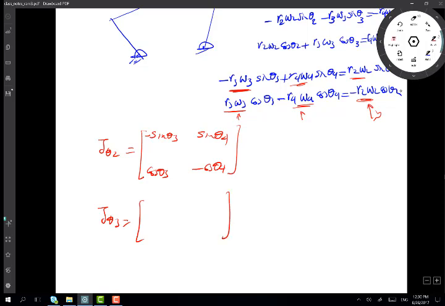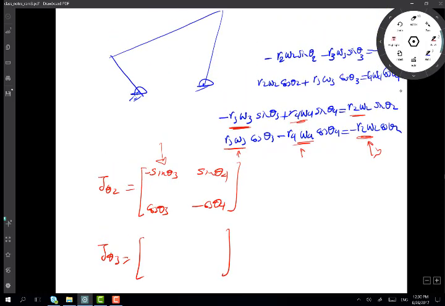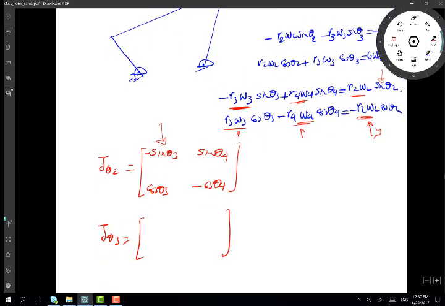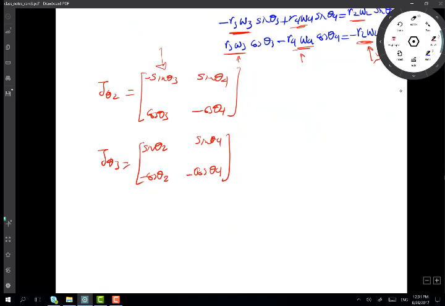So now just imagine that you placed this column, the first column corresponds to theta 3, by the column over here, which is sine theta 2, and here I have minus cosine theta 2, and here I have sine theta 4 and minus cosine theta 4, and then I have another matrix which is j theta 4.